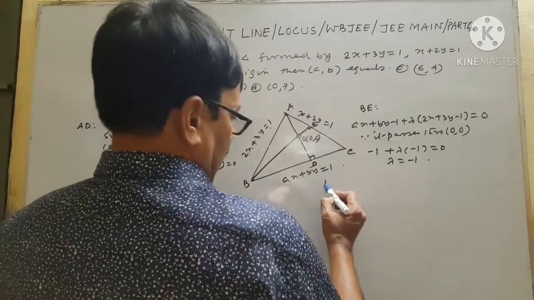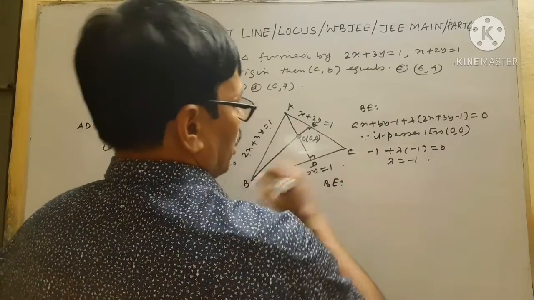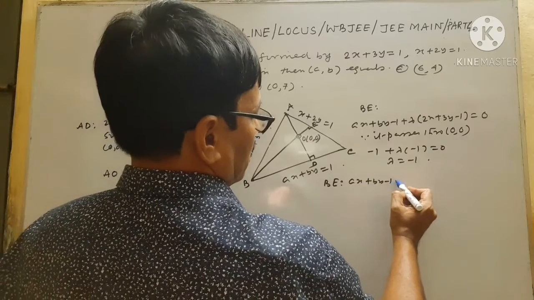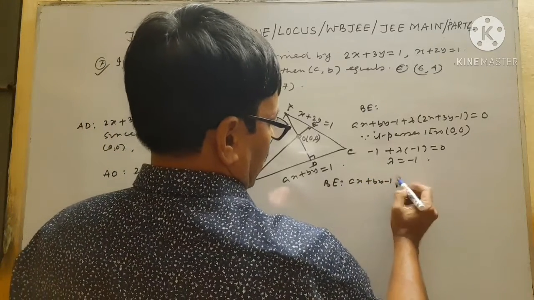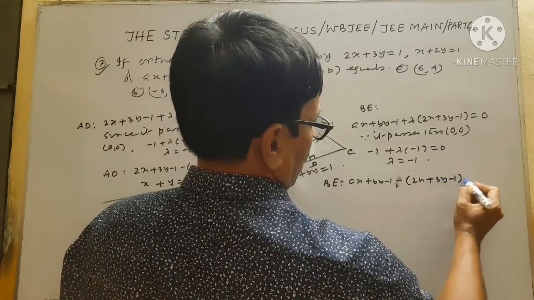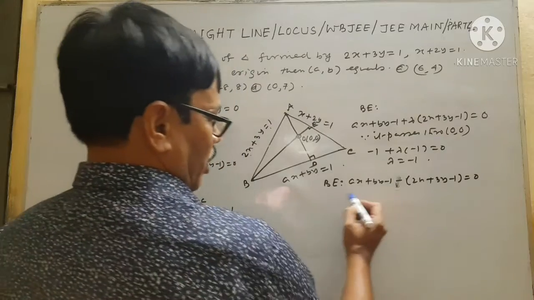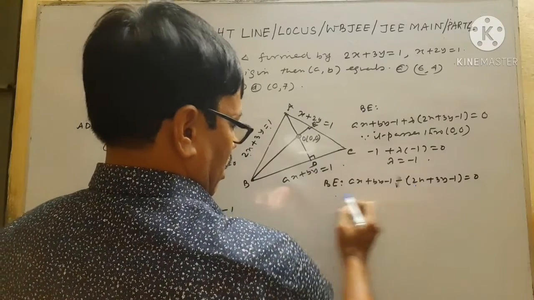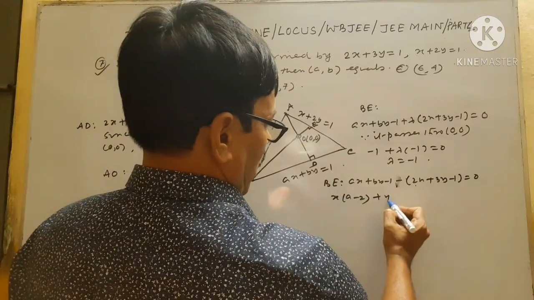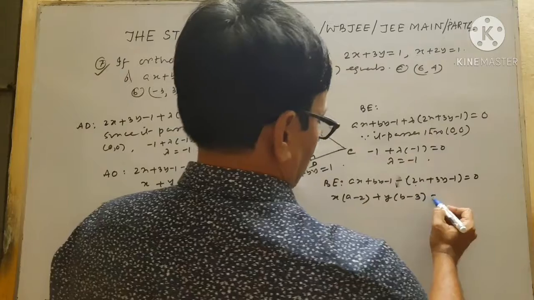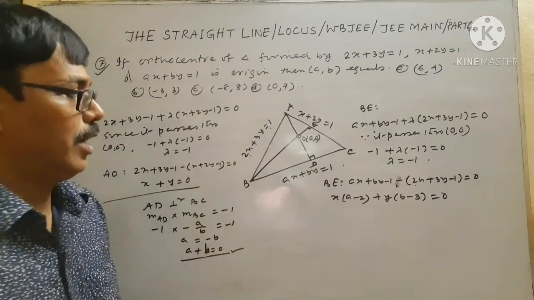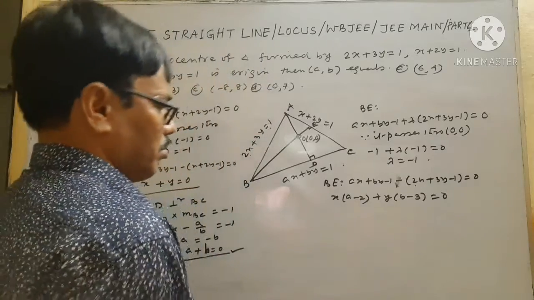Now lambda is found: (ax + by - 1) - (2x + 3y - 1) = 0. Taking x common and y common, (a - 2)x + (b - 3)y = 0. So this is BE.